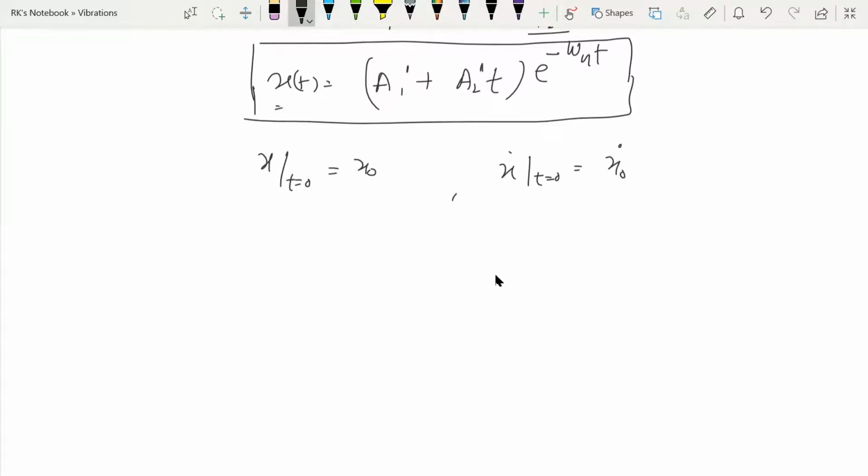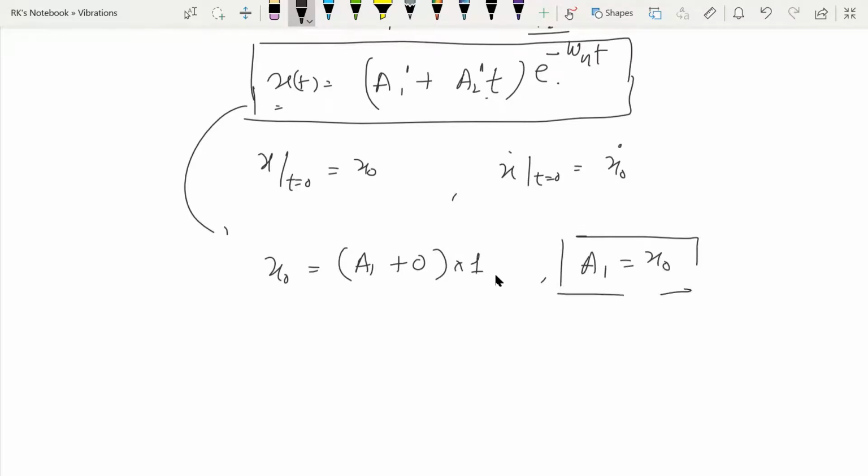We'll put t equals 0, and in place of x(t) we'll put x naught. So this equation can be written as x naught equals a1, and if t equals 0, then this becomes 0 and this becomes 1. So a1 plus 0 multiplied by 1. So from here we get a1 equals x naught.